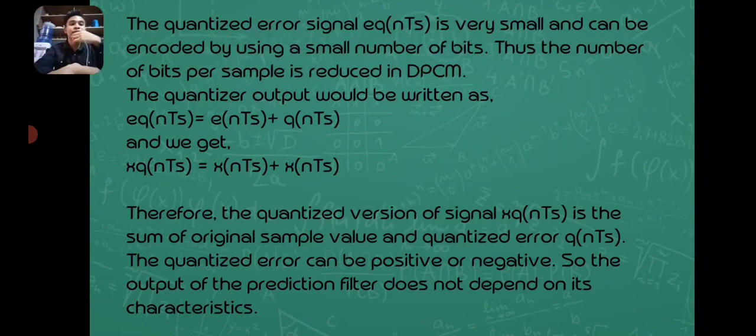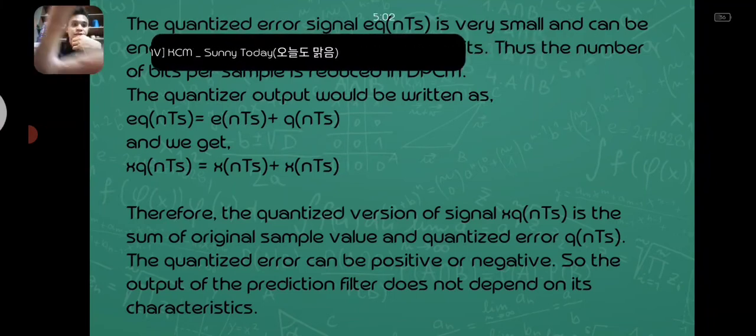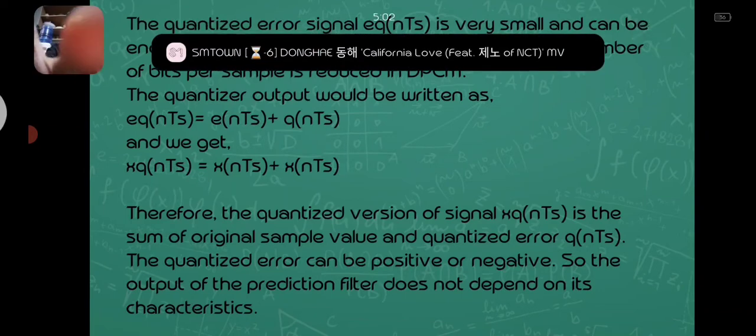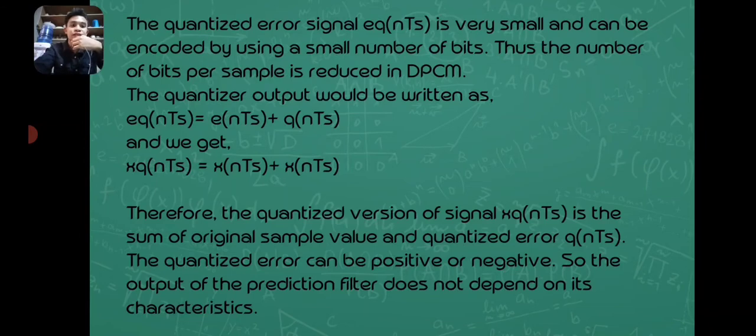The quantized error signal eq(nTs) is very small and can be encoded by a small number of bits. Thus, the number of bits per sample is reduced in DPCM. The quantizer output will be written as eq(nTs) equals e(nTs) plus q(nTs), and we get xq(nTs) equals x^(nTs) plus eq(nTs).